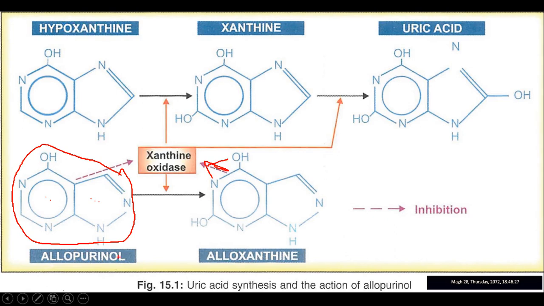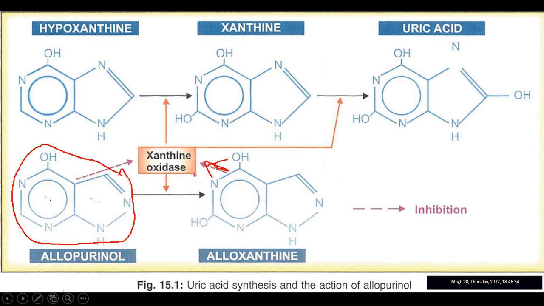So allopurinol is activated by the xanthine oxidase, and it inhibits the same xanthine oxidase. Allopurinol also inhibits it, but more is inhibited by alloxanthine, which was converted by xanthine oxidase.